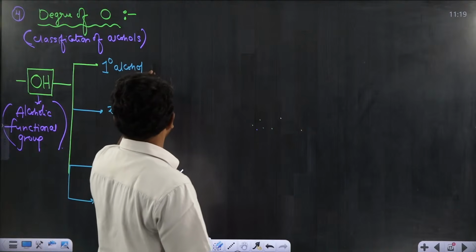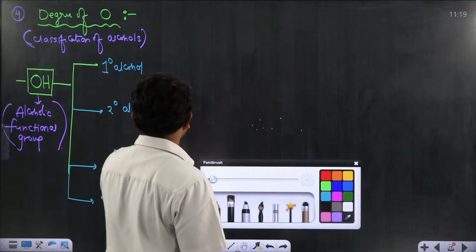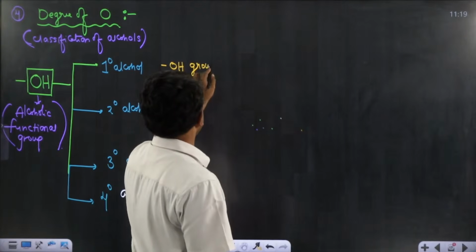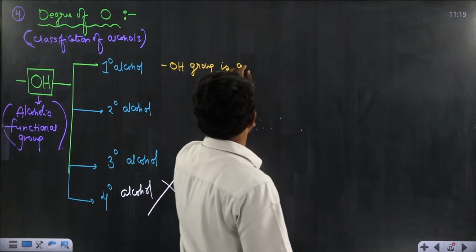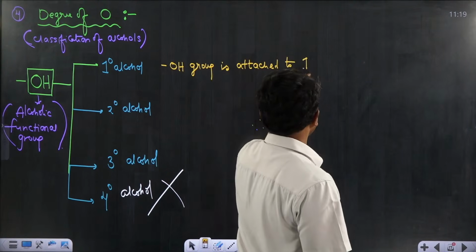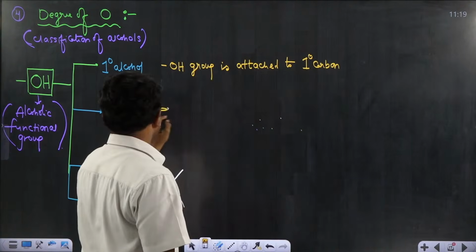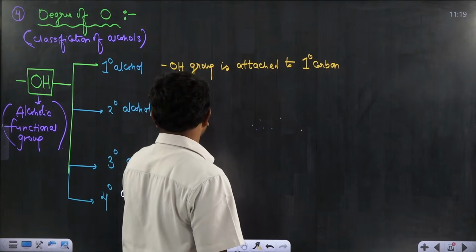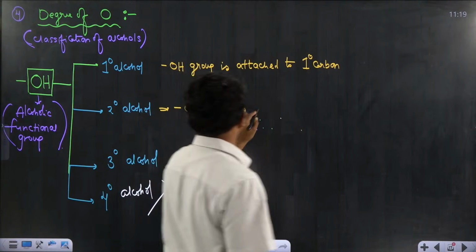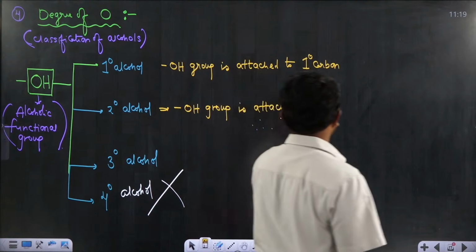Now, what do you mean by primary alcohol? Primary alcohol is the one in which the OH group, the alcoholic group, is attached to a primary carbon. In the same manner, secondary alcohol is the one in which the OH group is attached to a secondary carbon.